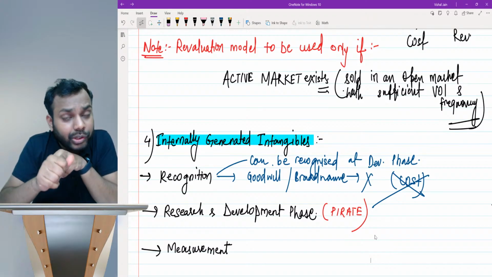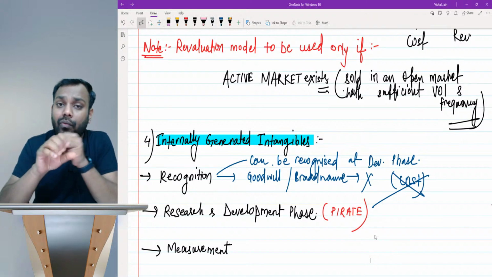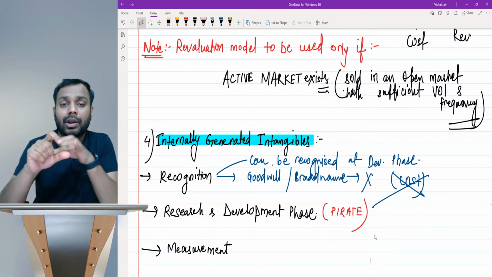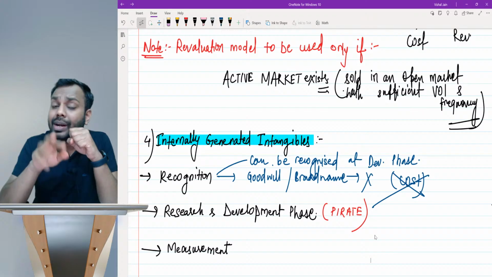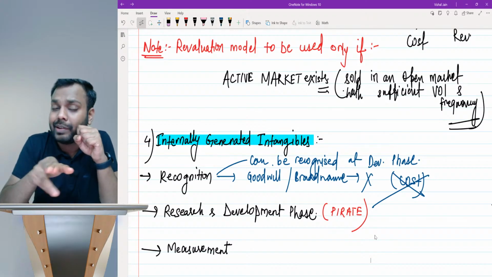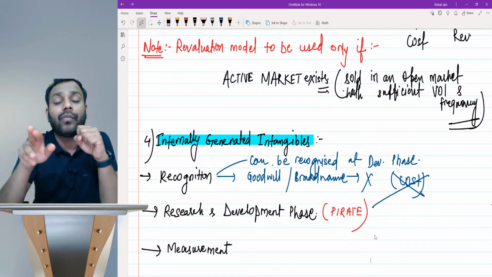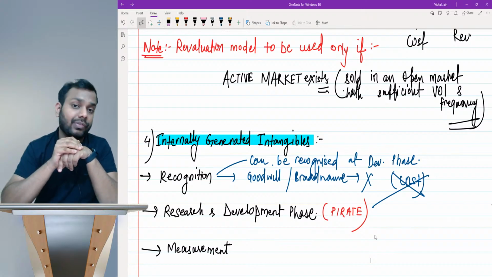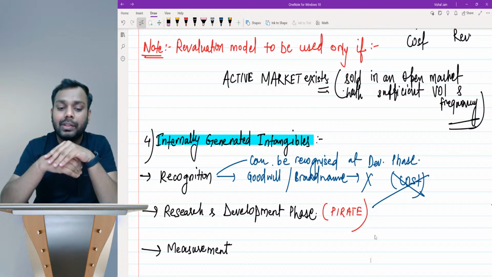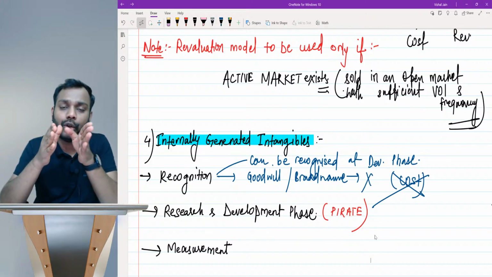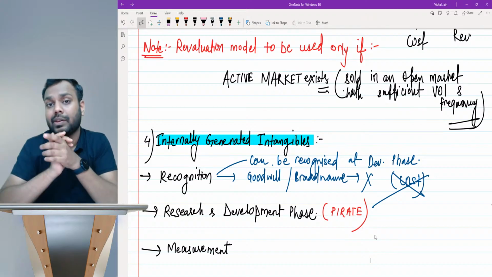We have the resources to develop the asset. We want to develop the asset. We have the ability also. And if the asset is developed, it will be feasible as well. If all these conditions are satisfied, then you have entered the development phase.